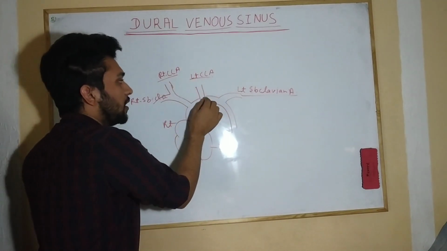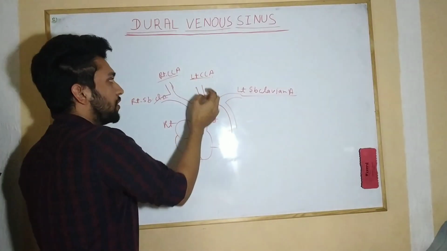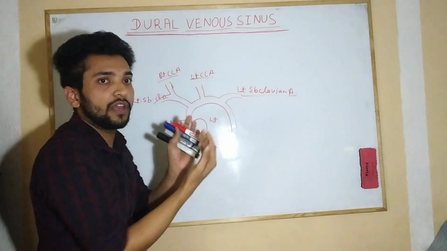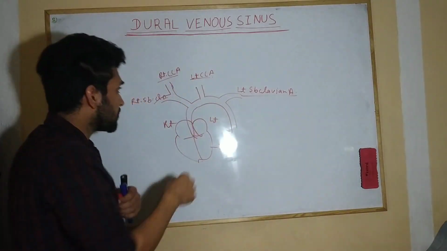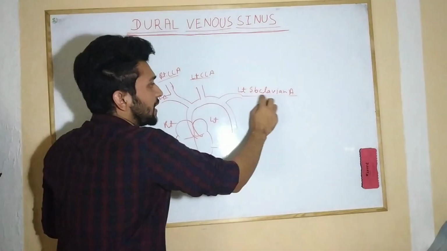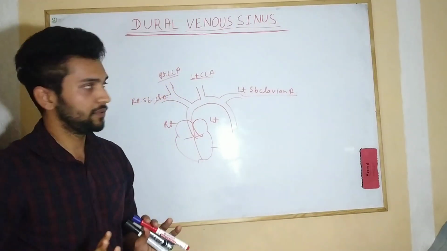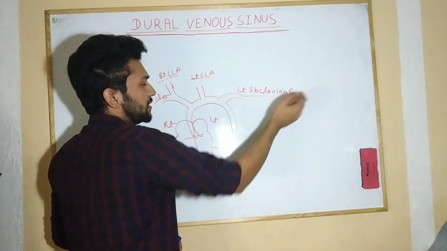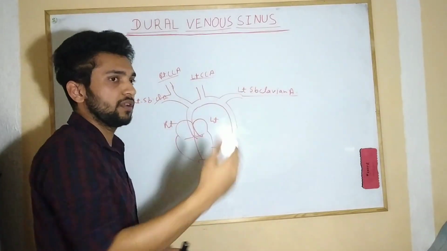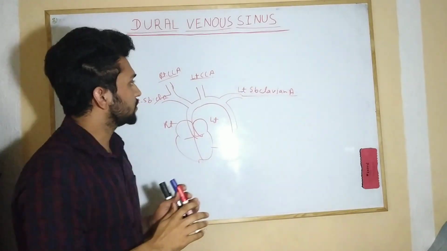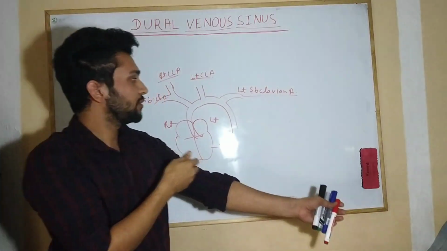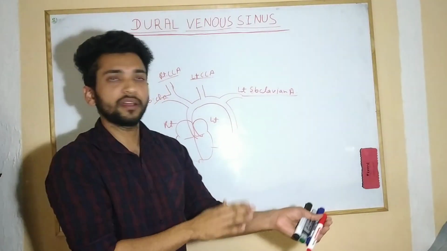And we have the left common carotid artery. Both common carotid arteries will enter into the brain, and the other one, the left subclavian artery, will further supply the left arm. This becomes the axillary artery, brachial artery, not femoral, humeral artery, radial artery and the ulnar artery.